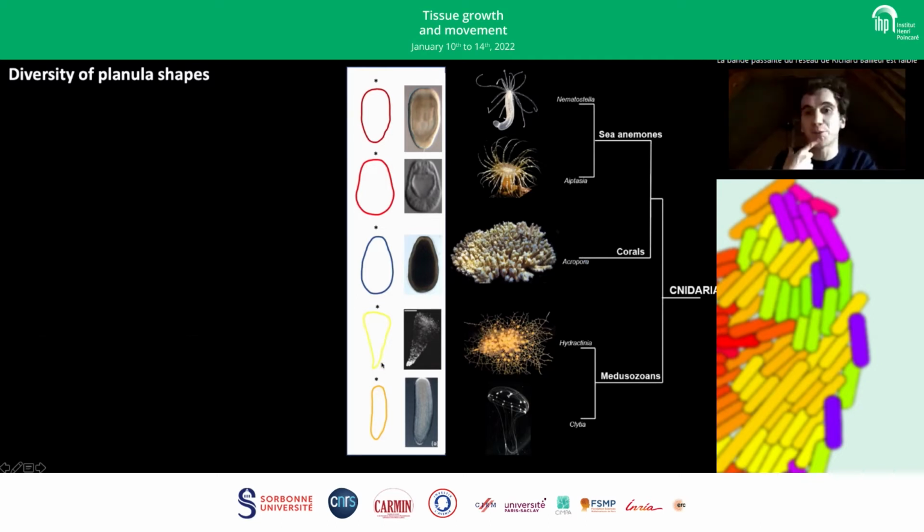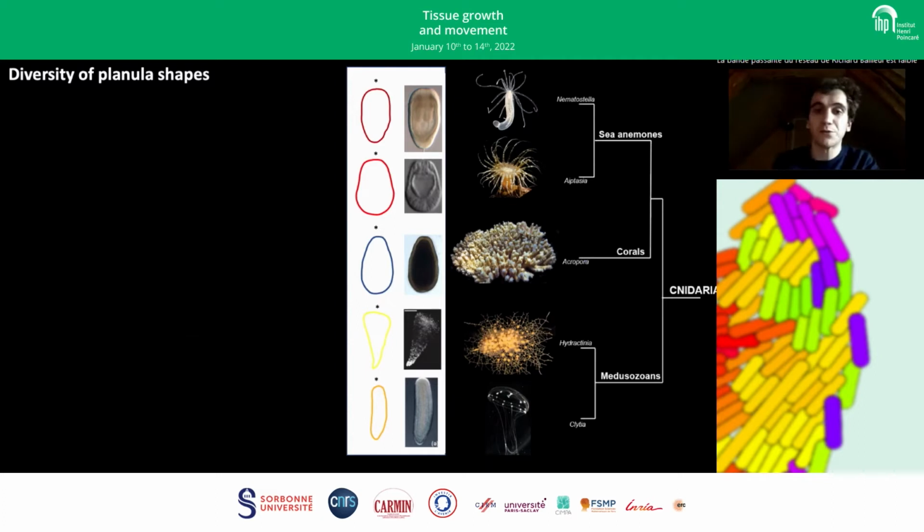The fact that the shapes of these planulae vary so much, and that they are a swimming form of the animal, makes cnidarians a great model system to question not only tissue deformations, but also the functions of these tissue deformations at the organismal scale and on the behavior of the animal.